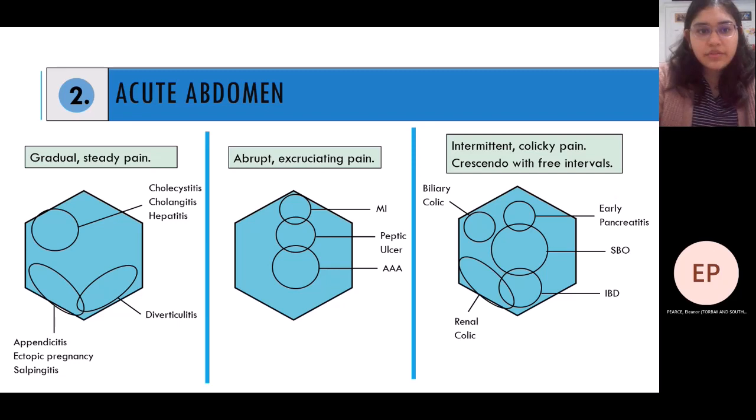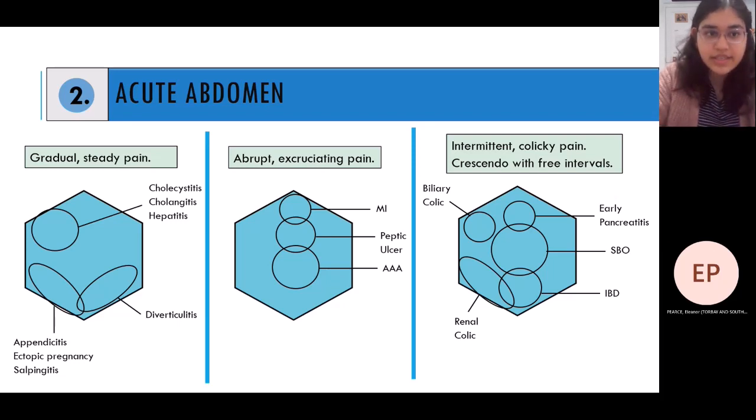I thought this diagram was quite helpful with regards to the causes of an acute abdomen and how to think about them. At the top, you can see the type of pain. It's not an exact science, but this tends to be the rule of thumb in questions. If someone presents with gradual pain that's getting worse, then it's often the itises, so inflammation, that tends to get worse.